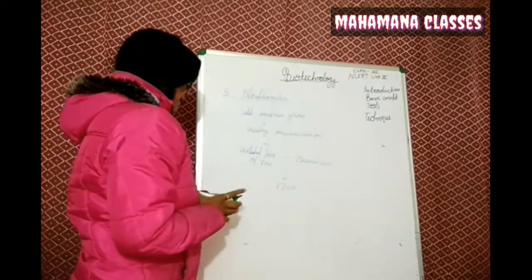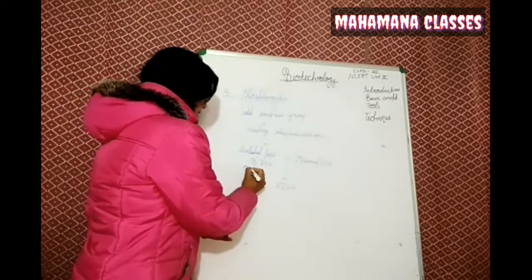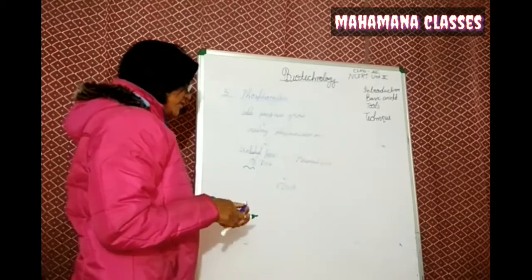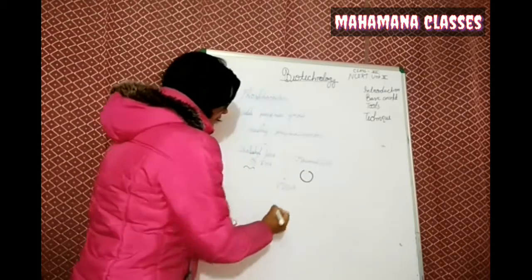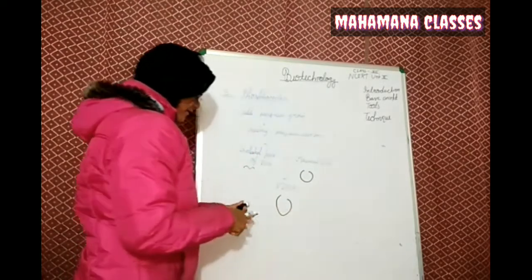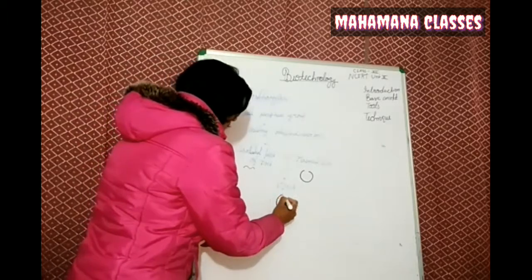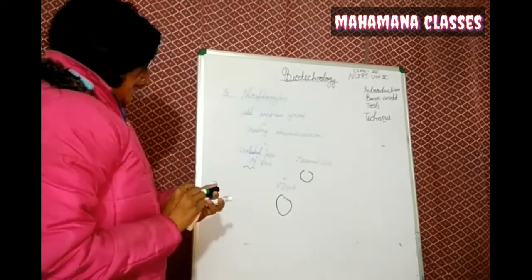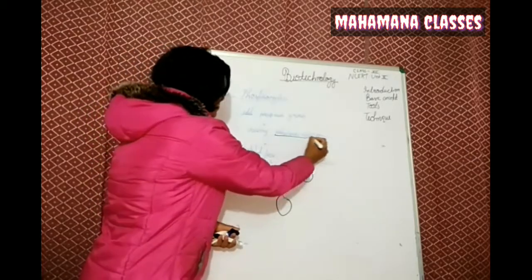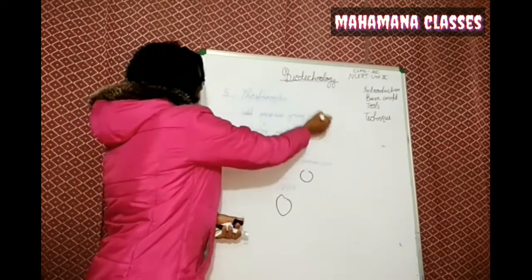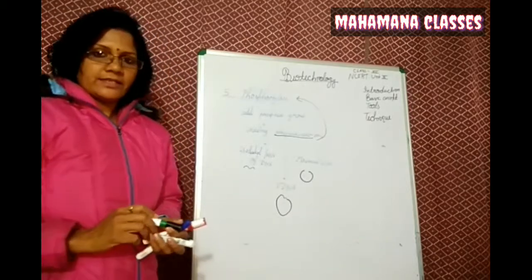Suppose it is like this. It is an isolated piece of DNA. It is plasmid DNA. Now the recombinant will be this. Clear? It will be formed because of this phosphodiester bond, and it will be done with the help of this phosphorylase enzyme.